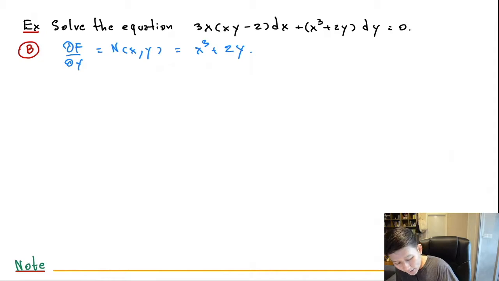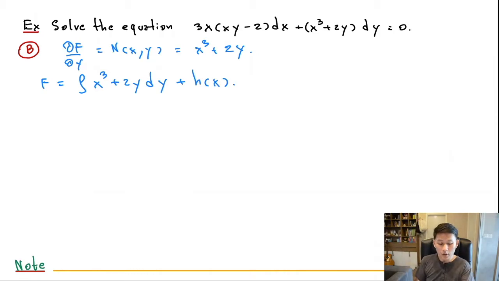So I have that f equals the integral of x cubed plus 2y dy plus h of x. Because you have the derivative by y, you integrate by y, and you get the constant term, which is in terms of x. Makes sense?